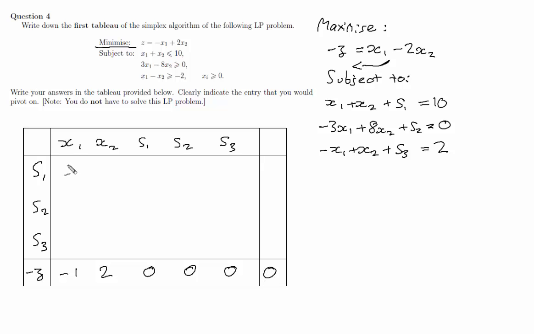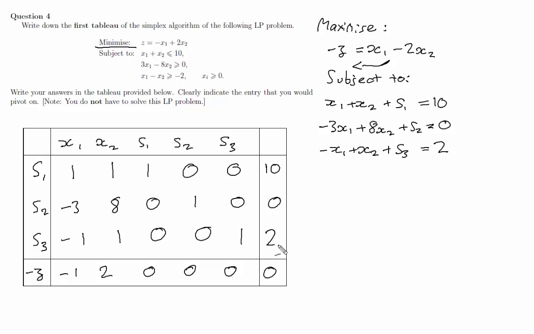Now we can do our first constraint, 1x1 plus 1x2 plus 1s1, 0, 0 is equal to 10, minus 3, 8, 0, 1, 0 is equal to 0, minus 1, 1, 0, 0, 1 is equal to 2.